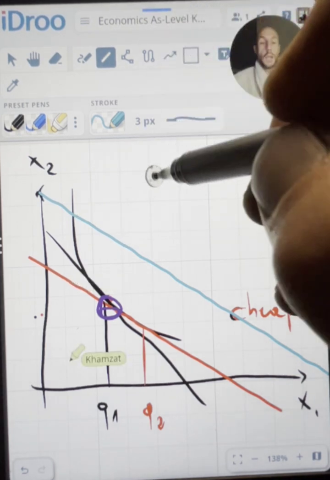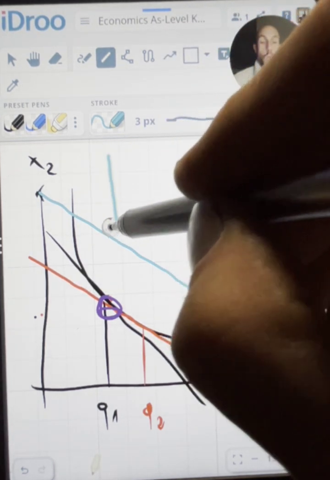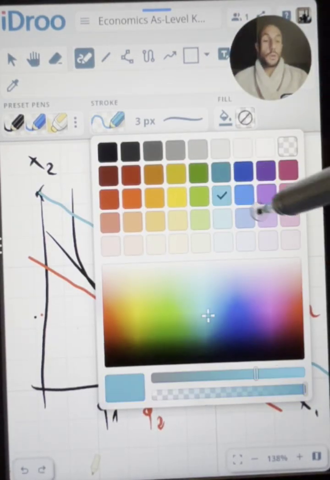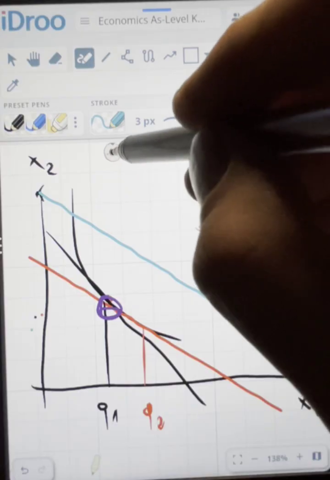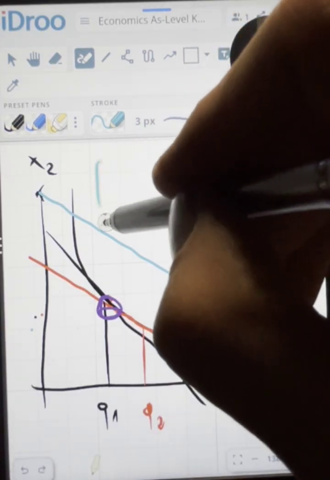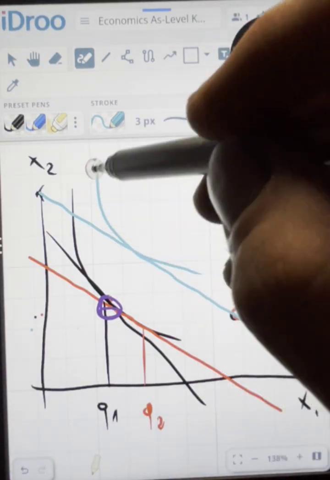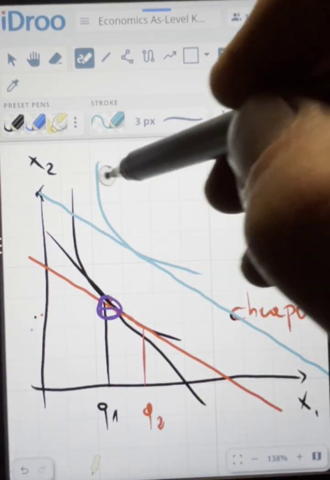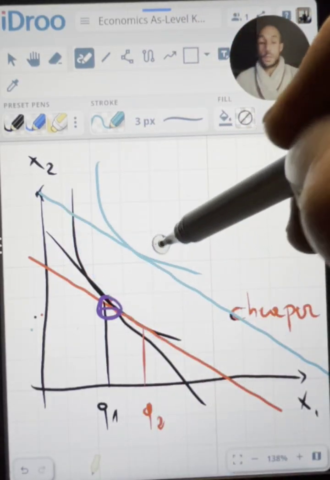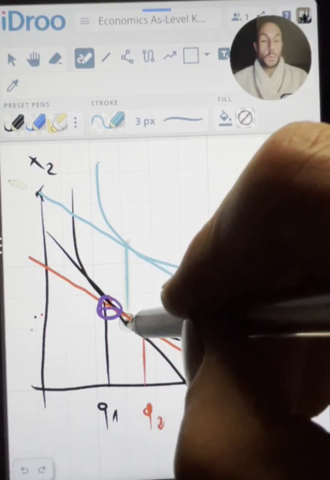When our income changes, we draw a new utility curve, which is going to be a translation of the old one. So the old one was this one, and the new one is the same shape. And the quantity is somewhere here.